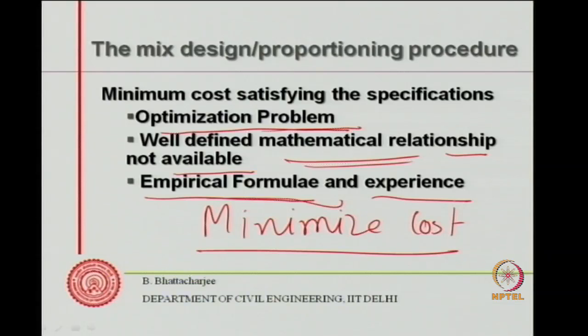Therefore, we can't formulate it as a mathematical problem. And even if we do, it will be case specific. So use of very sophisticated software, etc., really doesn't make sense at the moment. They are not very conducive. In fact, finally you have to make a trial mix.